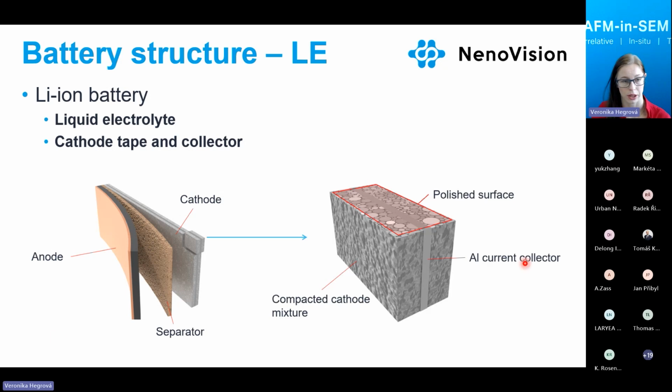We are looking at the tape, which has anode, separator, and the cathode. What we're going to measure is a part of the cathode tape, and what we see here is a compacted cathode mixture with aluminum current collector in between.